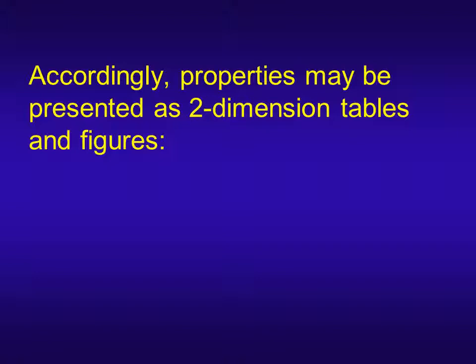Accordingly, properties may be presented as two-dimensional tables and figures. The Mollier chart is one that's of great interest. I have a little video on the Mollier chart, and that's a very handy chart to use.